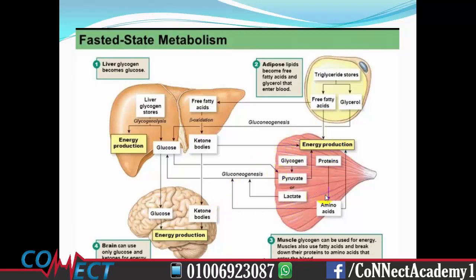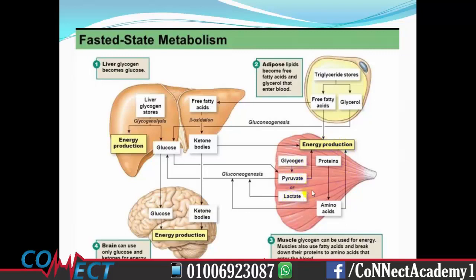Muscle, on the other hand, has its own mechanism of facing hypoglycemia. It stores its own glycogen that can be broken down to provide anaerobic oxidation of glucose inside the muscle, producing pyruvate or lactate. So glycogen is broken directly to form pyruvate or lactate.